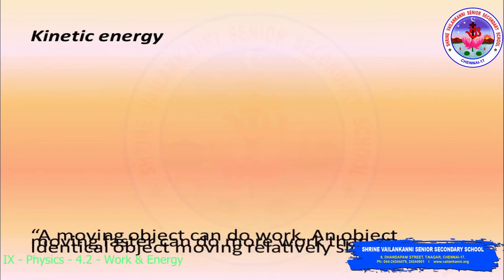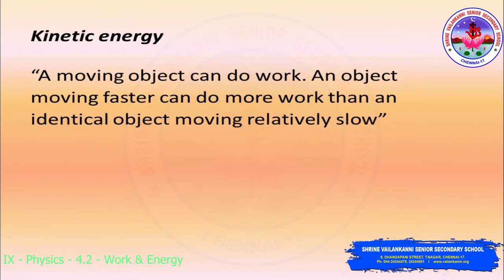A moving object can do work, and an object moving faster can do more work than an object moving relatively slowly. A moving bullet, blowing wind or a rotating wheel are some examples.